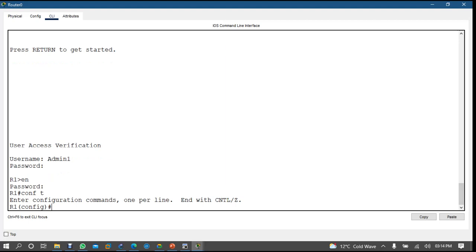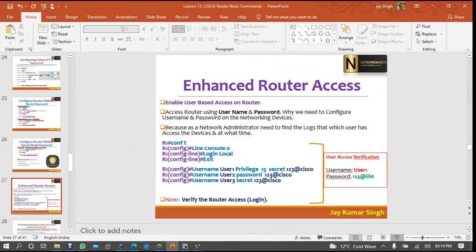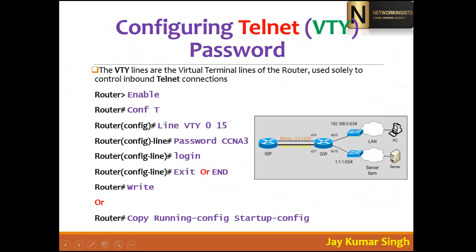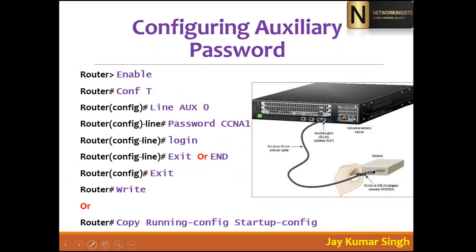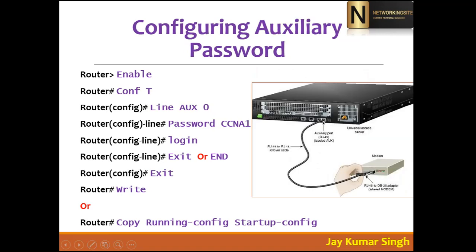So let's come again to our summary. What we have seen is the console password, then I told you the auxiliary is not in use, so leave it.